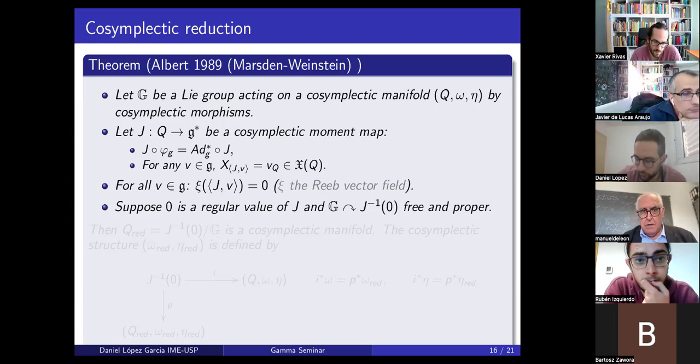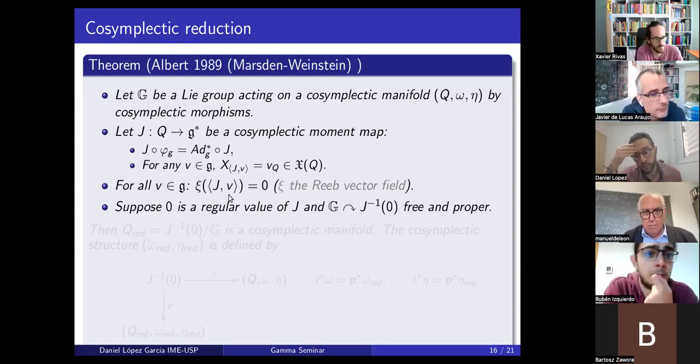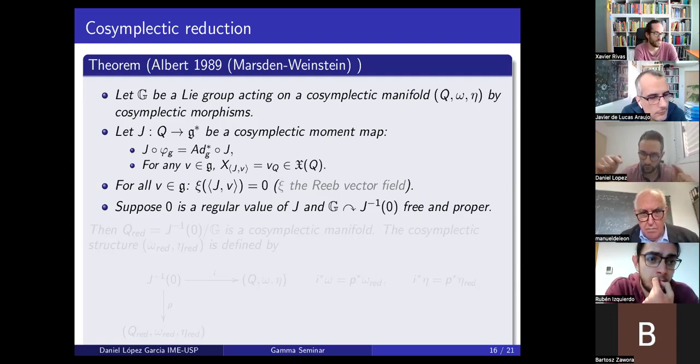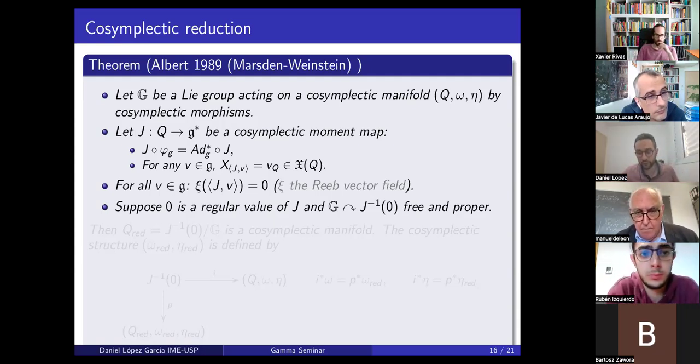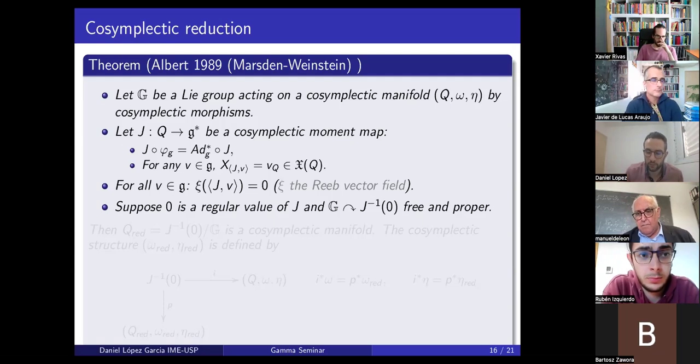Actually, there is a result by Rui Fernandes and David Iglesias. You can consider the unit map of the leaf groupoid, and the symplectic leaf containing this unit map.